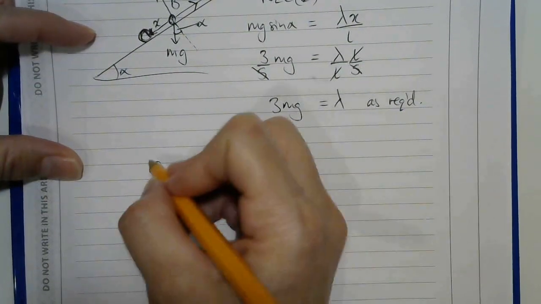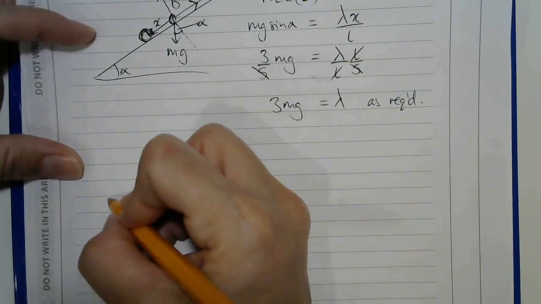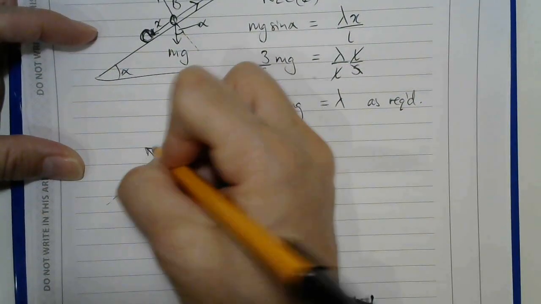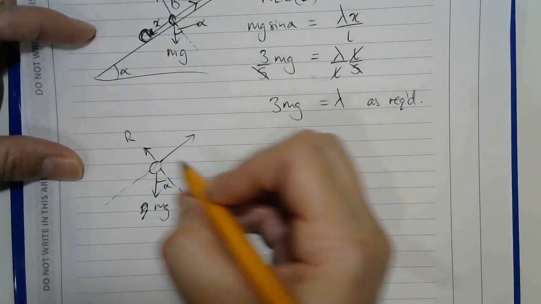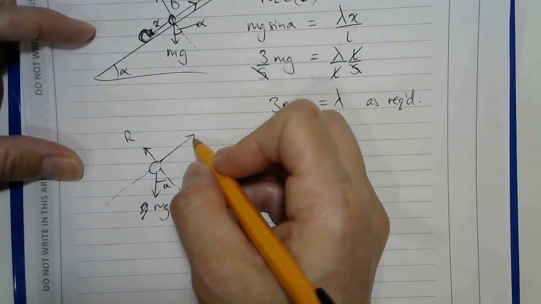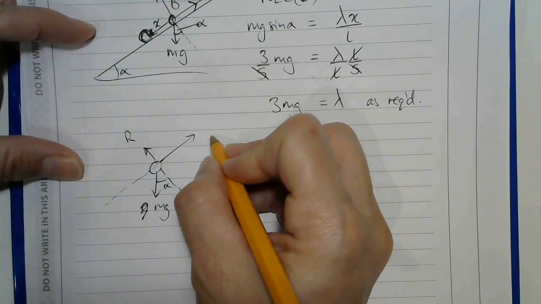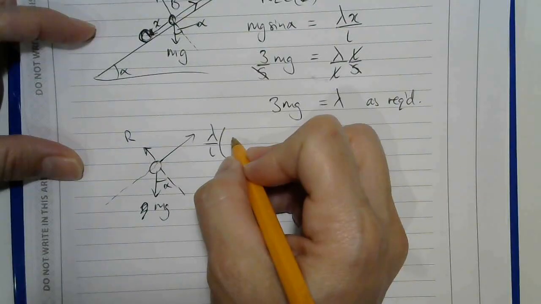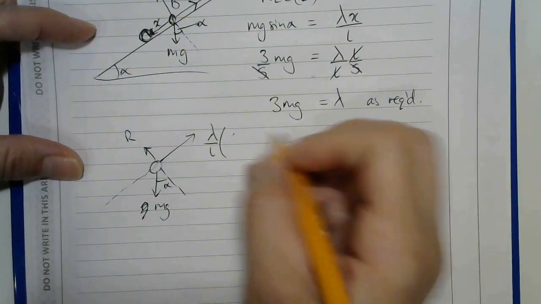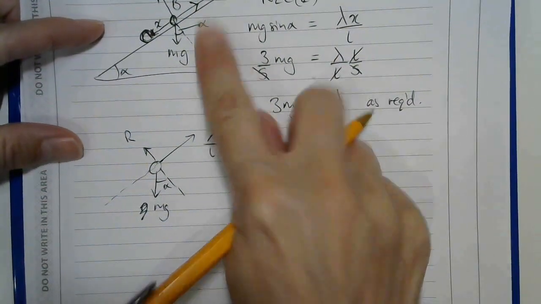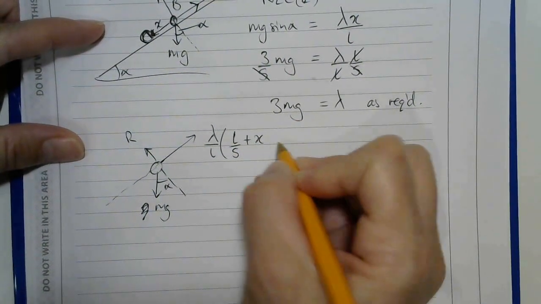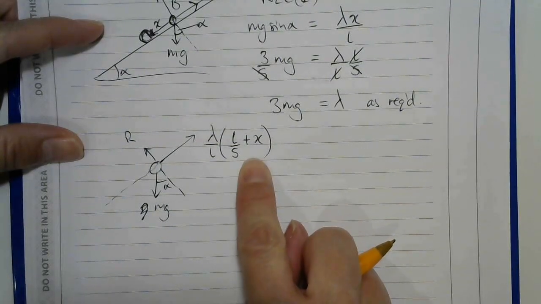This angle is alpha. The slope is here, and I still have this perpendicular force here, and here I will have the tension, which this time will be lambda over L multiplied by the extension that there was in the first part of the question, which was L over 5, plus a bit more, which I'm going to call x.